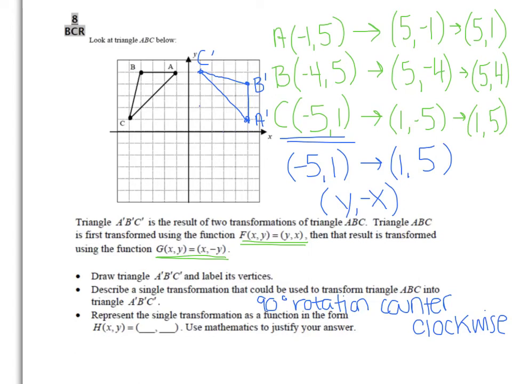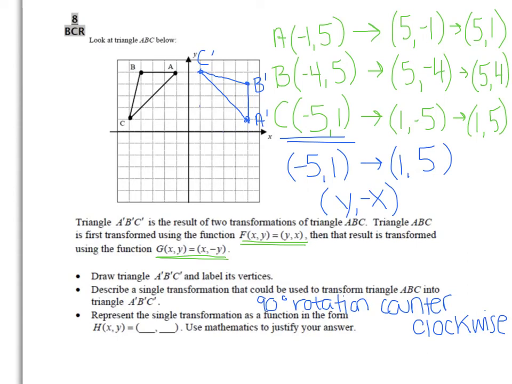When you're rotating in a counterclockwise direction, the original x becomes negative, or you take the opposite of it. So in this case, because we were taking the opposite of our x, that meant that we were rotating 90 degrees in a counterclockwise direction.